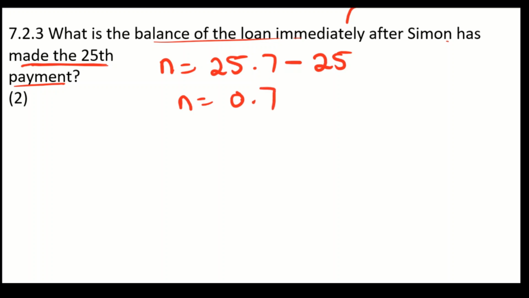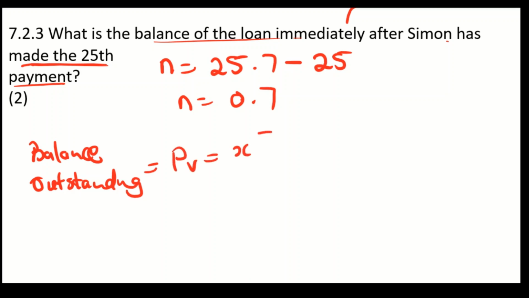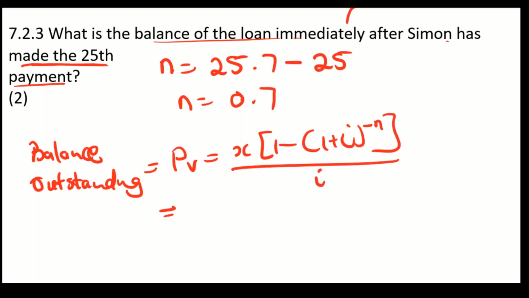So to calculate the balance outstanding, I'm going to say balance outstanding is equal to PV is equal to x into 1 minus 1 plus i to the power of minus n over i, right? So we know very well that the monthly payment is going to be 450 into 1 minus 1 plus the interest rate of 0.095 over 12 to the power of negative.